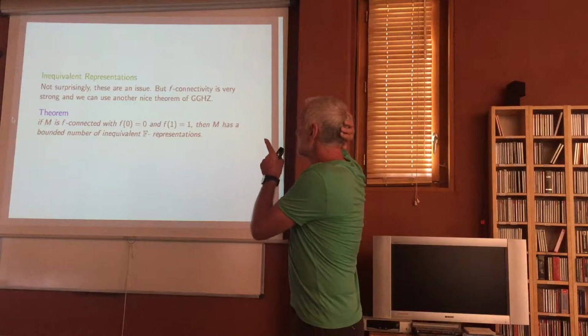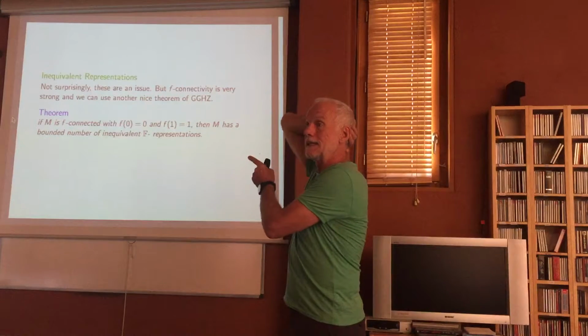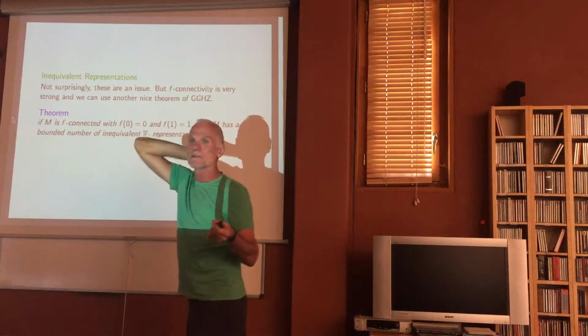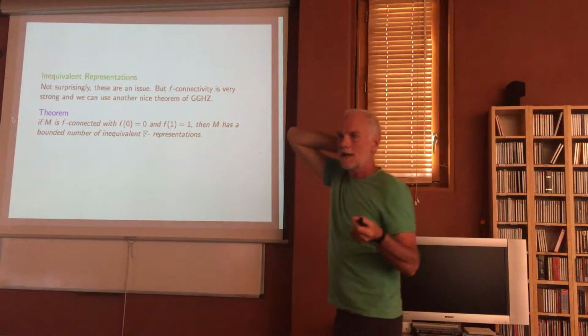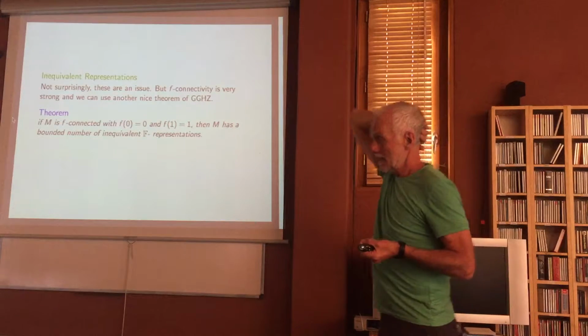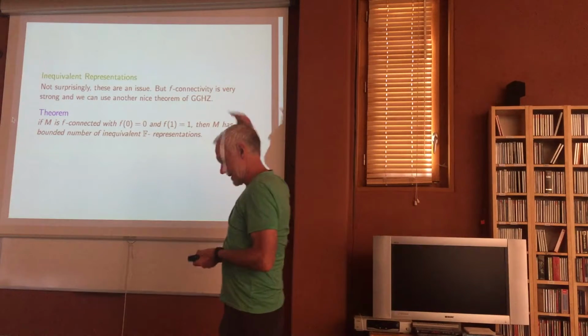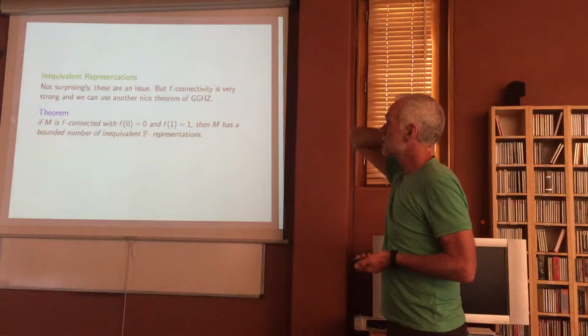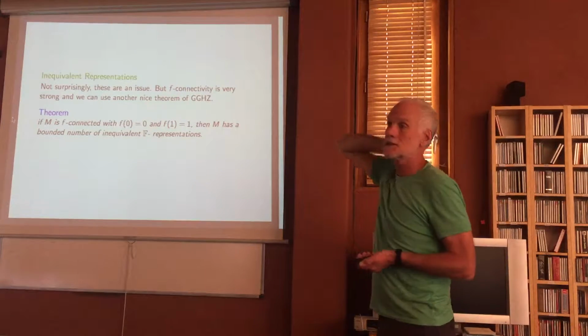And notice that there's no requirement on F here other than F of 0 equals 0, F of 1 equals 1, which is 3-connectivity. If you give me an F-connected, 3-connected matroid, and so this is the 4 authors before, then you've got a bounded number of inequivalent F-representations.